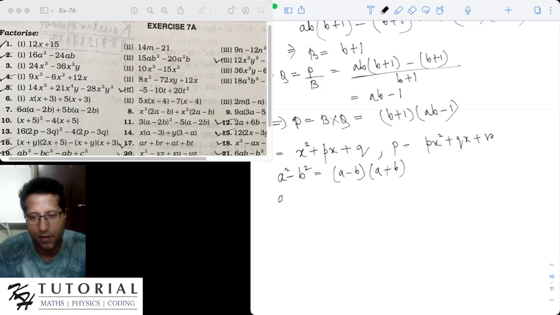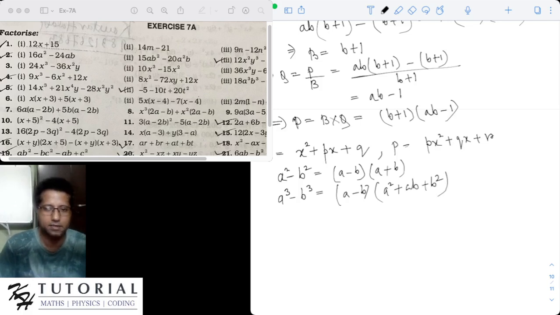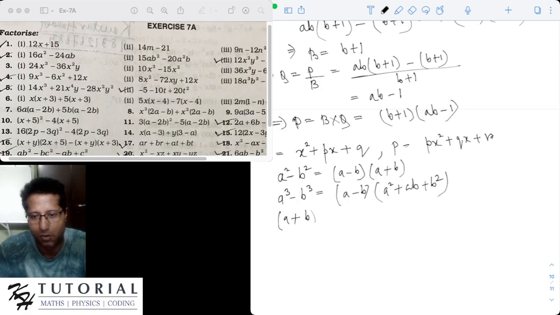Similarly, you will have a cube minus b cube is equal to a minus b multiplied by a square plus ab plus b square. So you have factorized a cube minus b cube as the product of a minus b and a square plus ab plus b square. What else you have? Now the basic thing you already know, that a plus b whole square is equal to a plus b multiplied by a plus b.